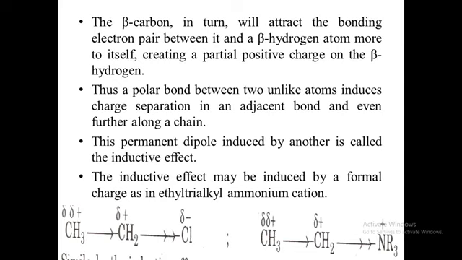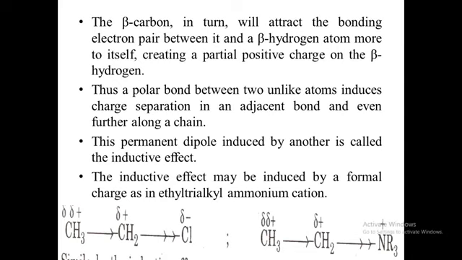Both of these carbons are sp3 hybridized and they are having same electronegativity, and their shared pair of electrons should be at the center of these two carbons. This bond should be non-polar in nature.